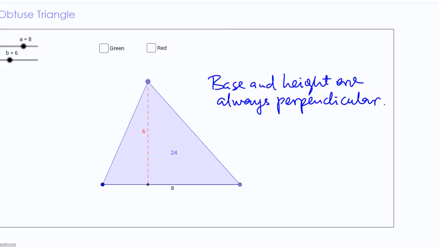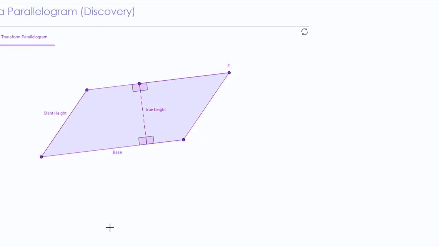Now, for parallelogram, this is a parallelogram, and I'm going to use this application as well to help you discover the area of parallelogram. Now, this is the base of the parallelogram, and this is the height of the parallelogram. But what I'm going to do is to transform this parallelogram to make another shape.